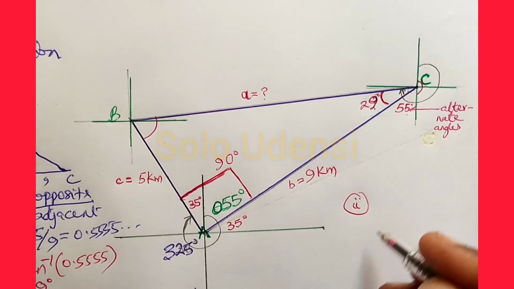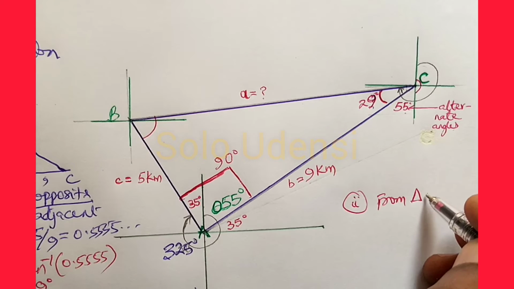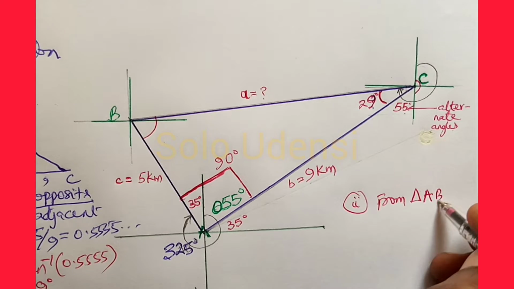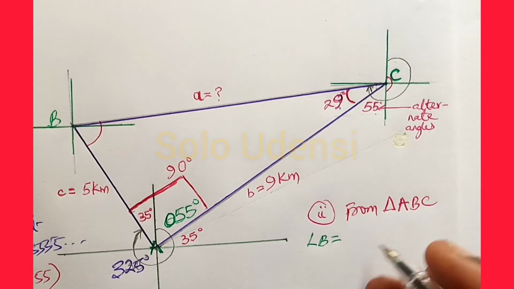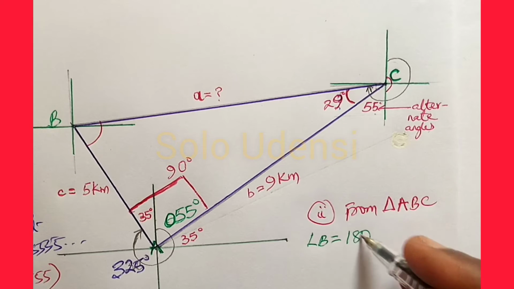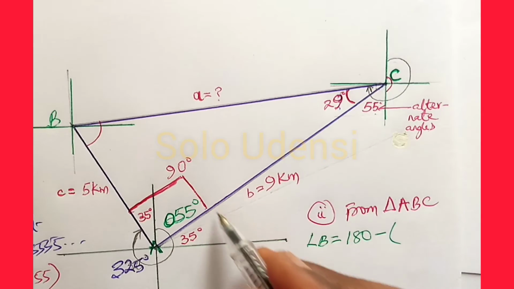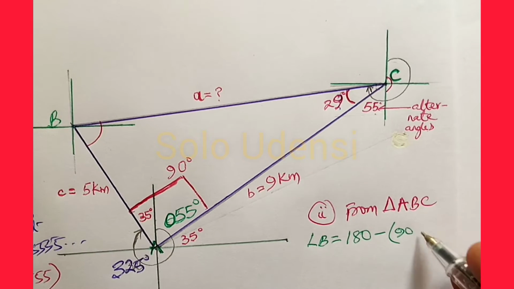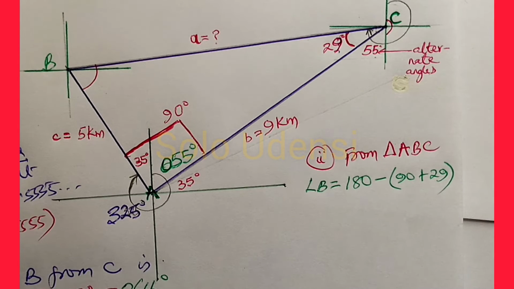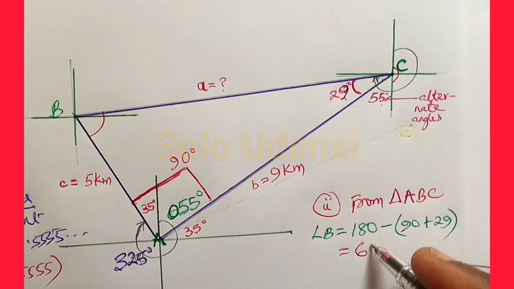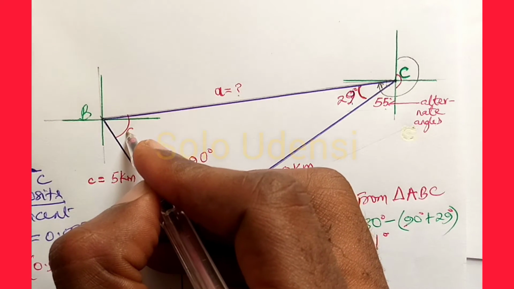We now say from the right angle triangle ABC, to find angle B is equal to 180 minus this plus this angle plus this, that's 90 plus 29, and that will give us 61 degrees. This angle is 61 degrees.